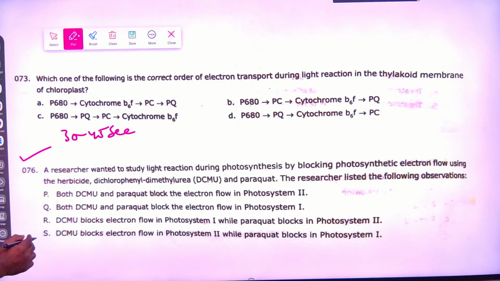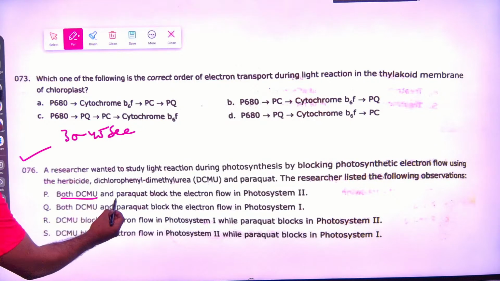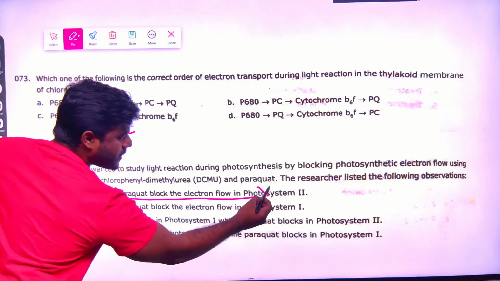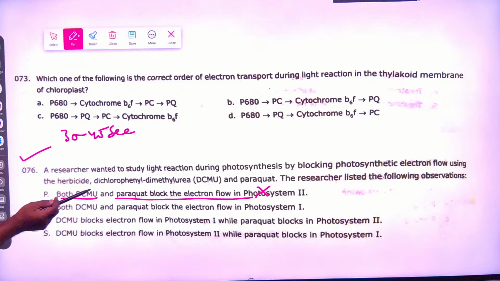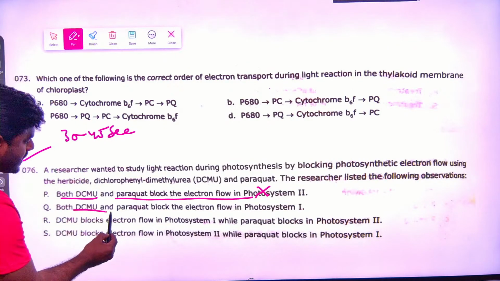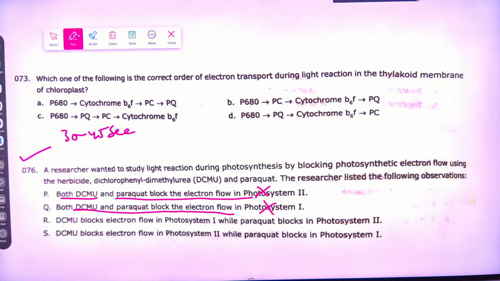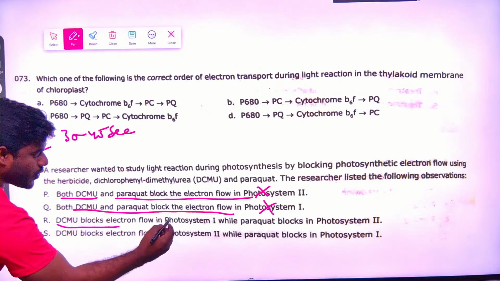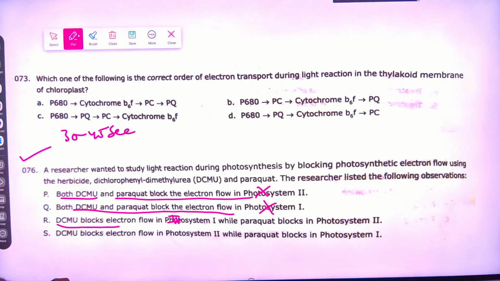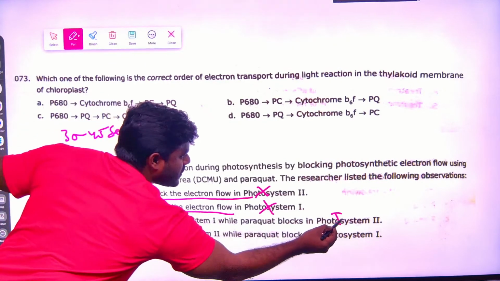All right, look into this. So we generally know that both DCMU and paraquat block the electron flow in photosystem 2. Wrong. Both cannot block one single photosystem. Both DCMU and paraquat block the electron flow in photosystem 1. That is also wrong. DCMU blocks which one? Photosystem 2. Correct? Paraquat blocks photosystem 1.